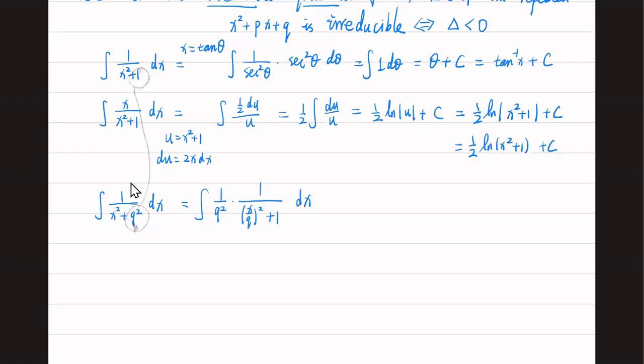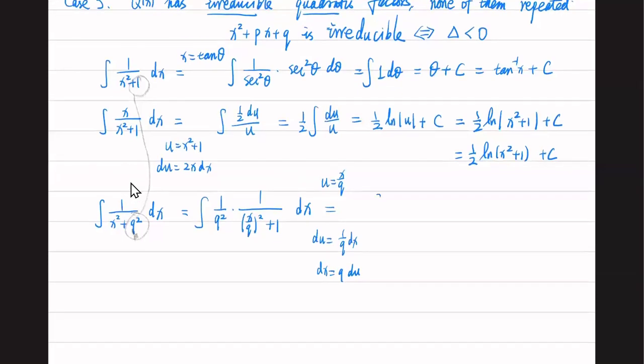Okay, to match our previous formula, we use a substitution. This will be our new variable: u equals x over q, du equals 1 over q dx. So dx equals q du. Now it becomes 1 over q squared times u squared plus 1, times q du.